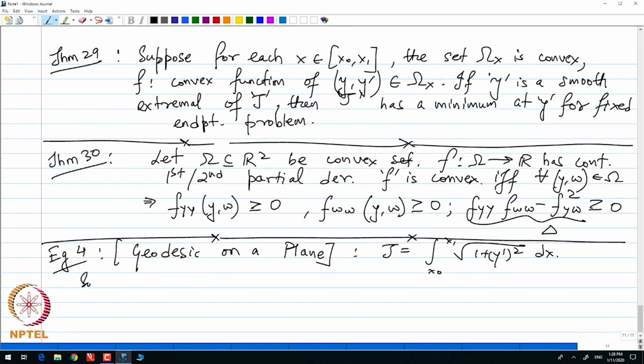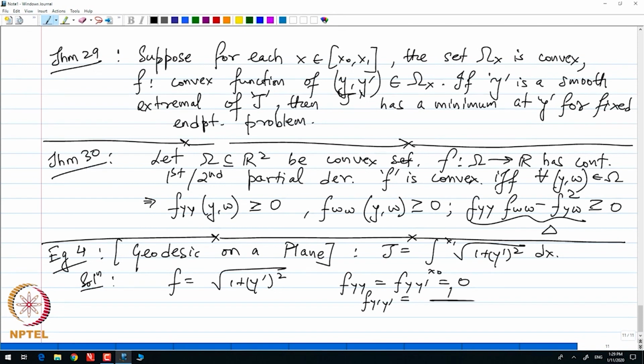So, my integrand f is square root of 1 plus y prime squared, and we see that f_yy is equal to f_yy prime is equal to 0, and f_y'y' is 1 over (1 plus y prime squared) to the power 3/2, and of course, this will be greater than 0 for any value of the derivative y prime.